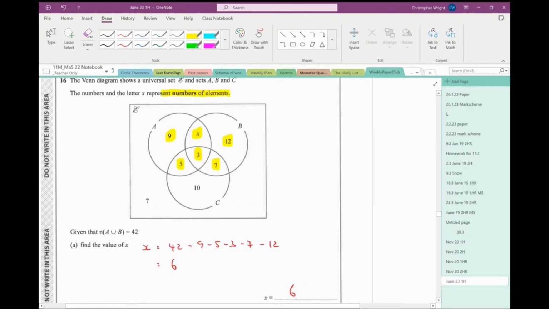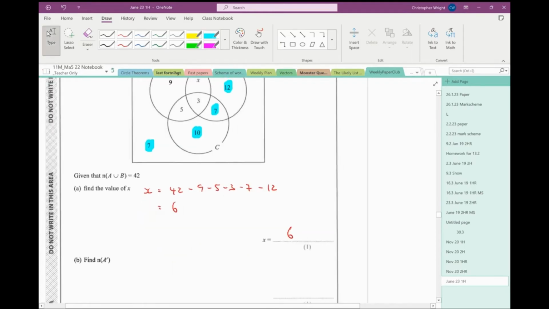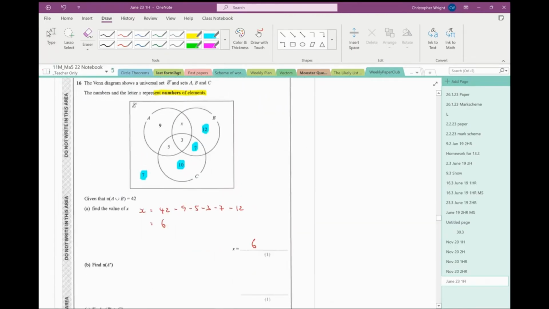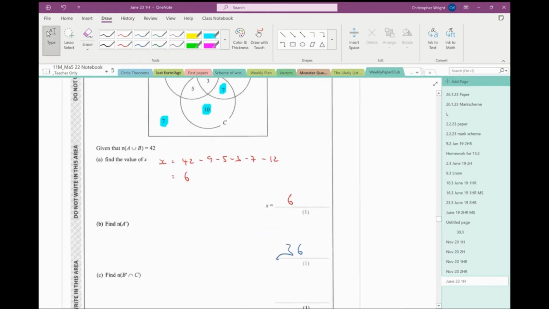Find the number which are not in A. Well, that's going to be those ones, those ones, those ones, and those ones. 17, 24, 36. So the answer is 36 elements not in A. Okay.